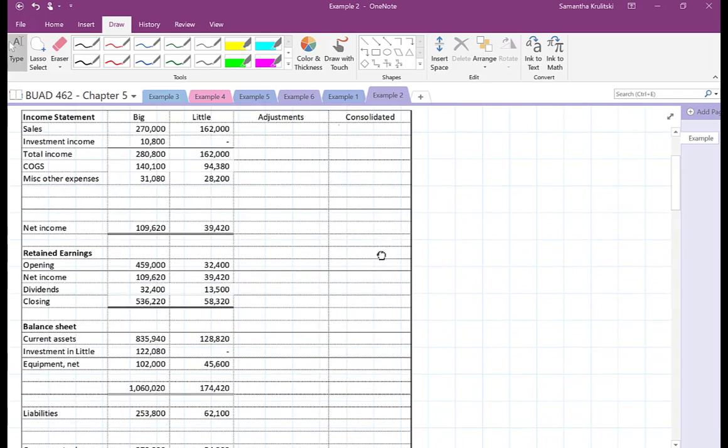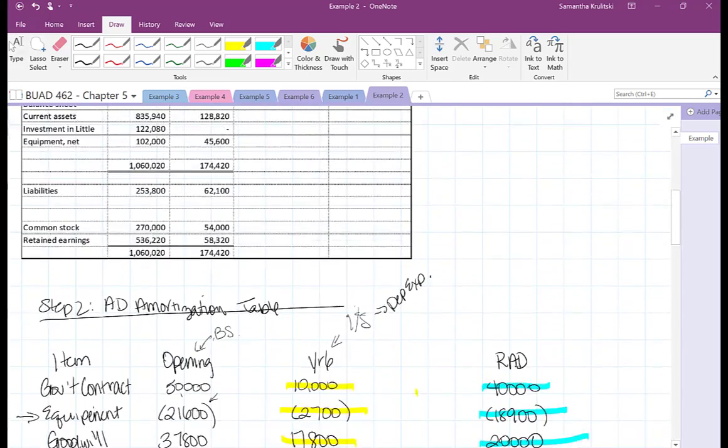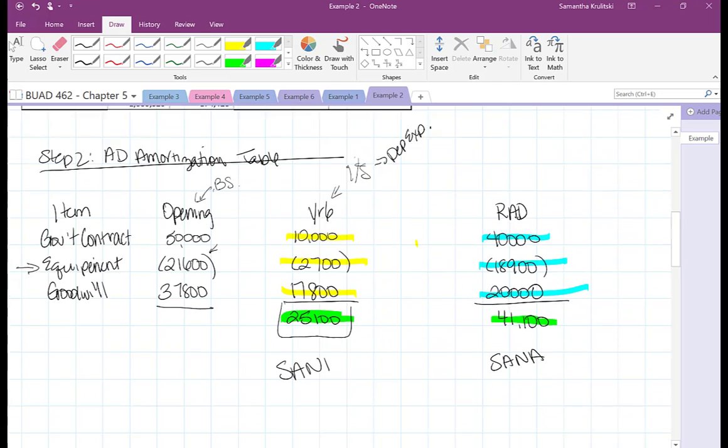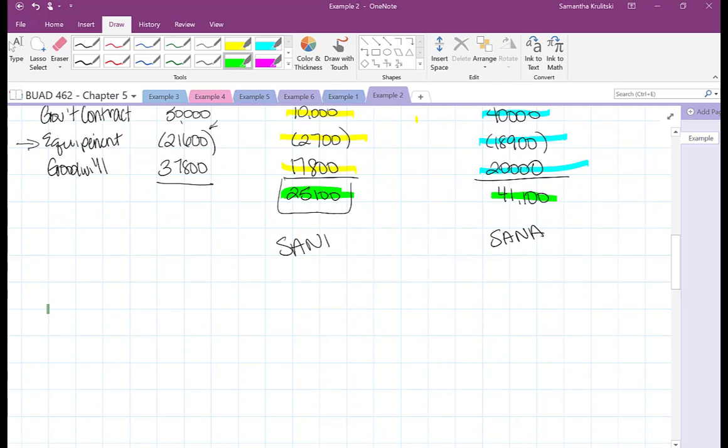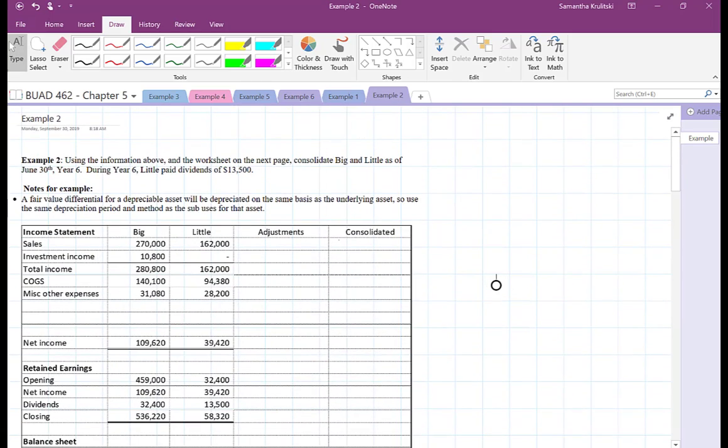So let's go ahead and put step 3 into action using example 2. We've done step 1, we've done step 2. We're now going to do step 3, eliminate our intercompany transactions. If we read our dialogue up here, we can see that during year 6, Little paid dividends of $13,500.